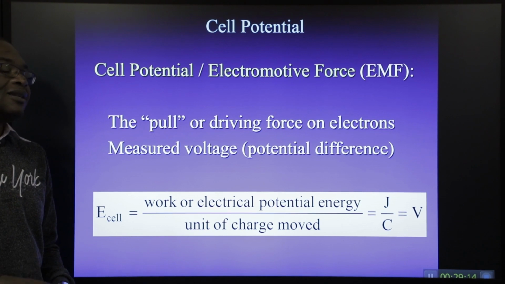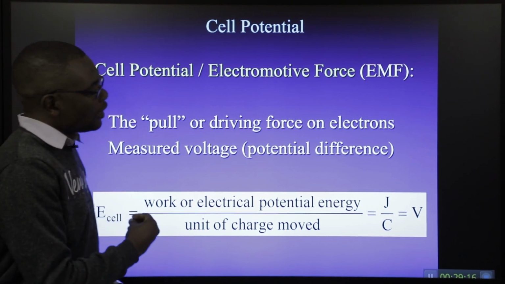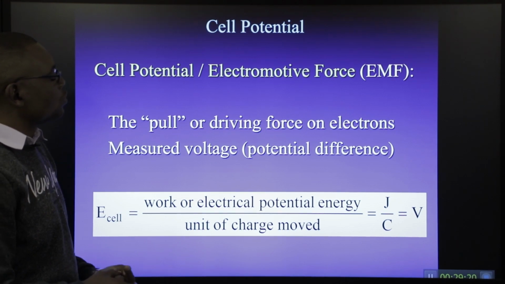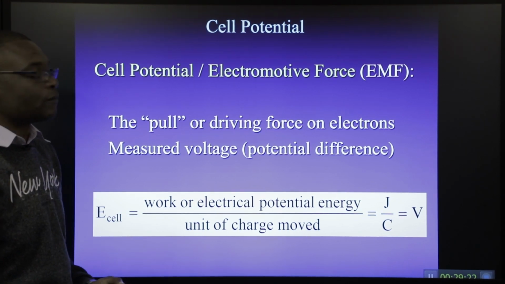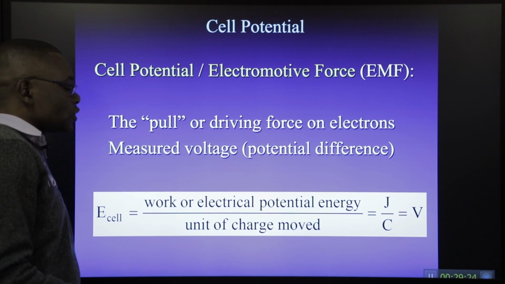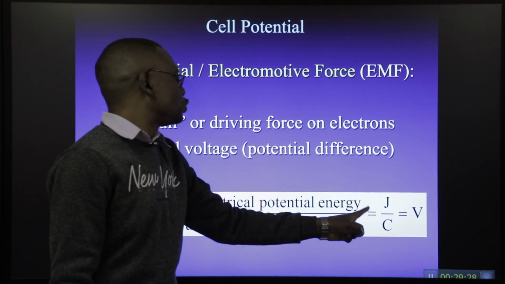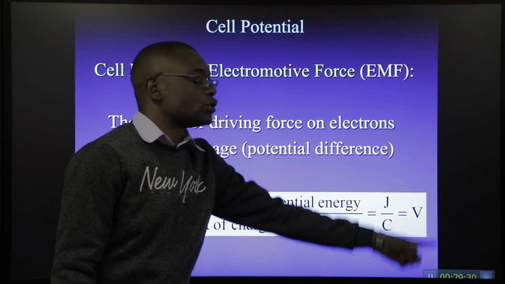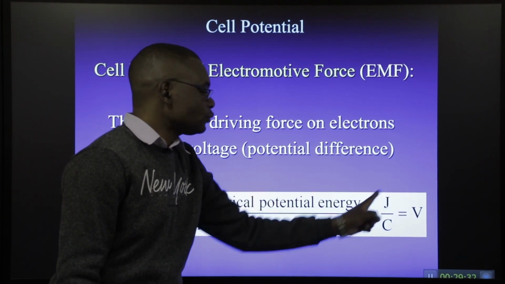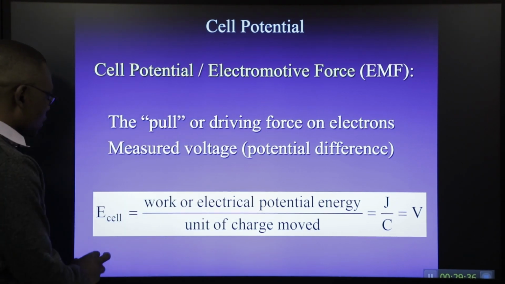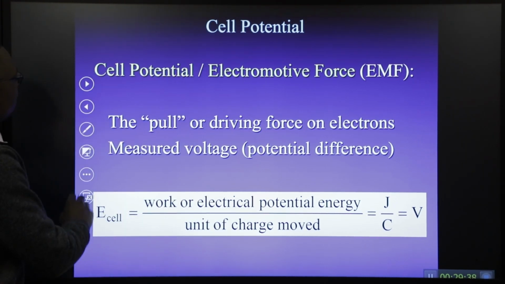And we know that there is a constant that we use to refer to the amount of charge in an electron. Okay, we're going to go into those details very soon. So in other words, E cell is equal to joules over charge, which is equal to voltage. I expect you to claim this if possible, so that you can make use of this in future.